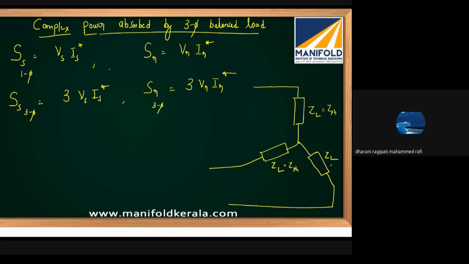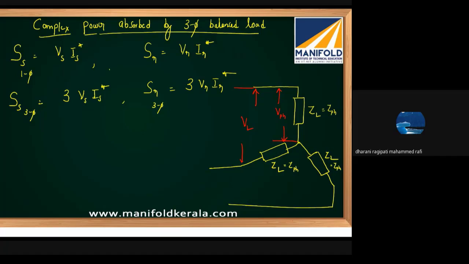All the impedances are phase to neutral impedances or per phase impedances. In delta again you will say, sir, there is no neutral. How do we name it? So you can say per phase impedance. Now let the line to line voltage be VL. The phase to neutral voltage is V phase.